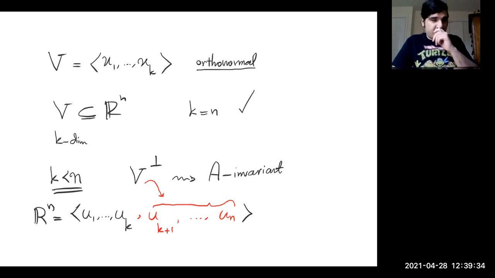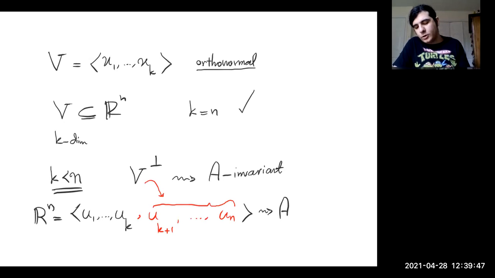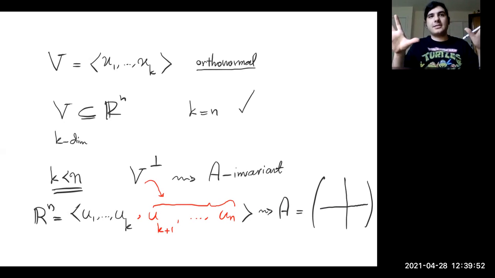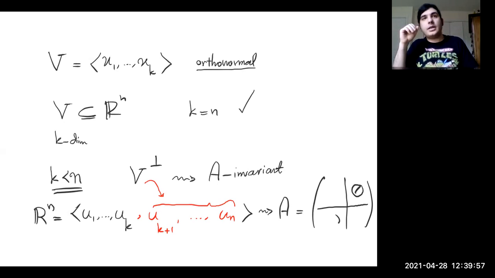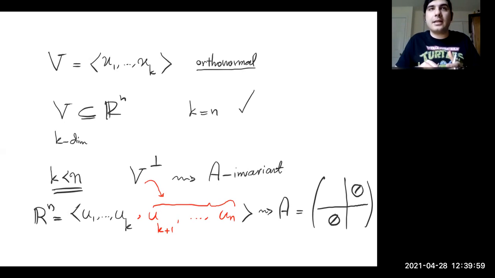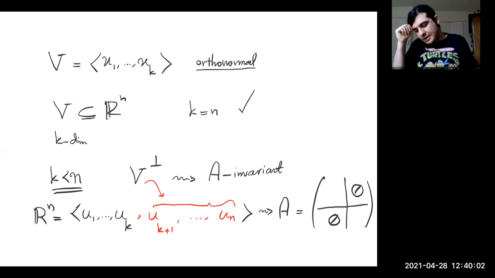Well, because I have just 1 minute, I would just summarize the argument. The point is that in this basis, the matrix A would have 4 blocks. These 2 blocks have to be 0. Why is that? If this block is non-zero, it means A would take something in V perp to V, which wouldn't happen.